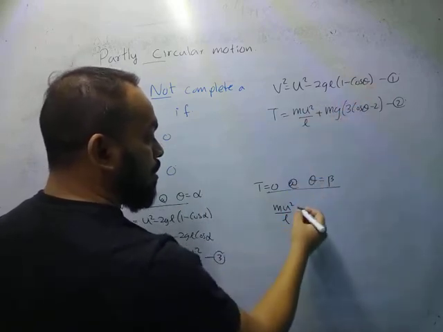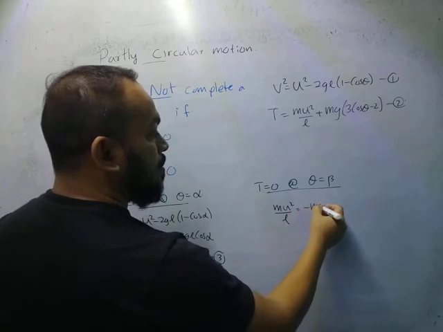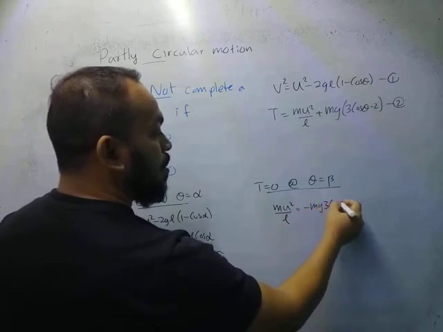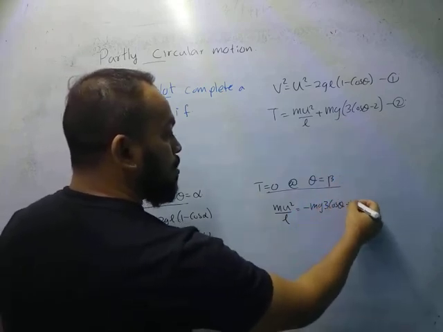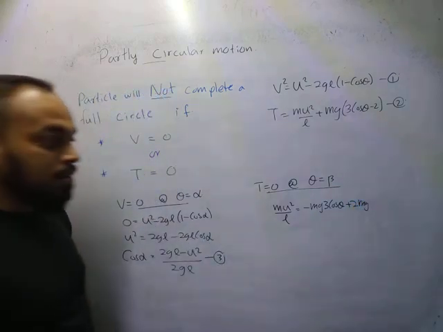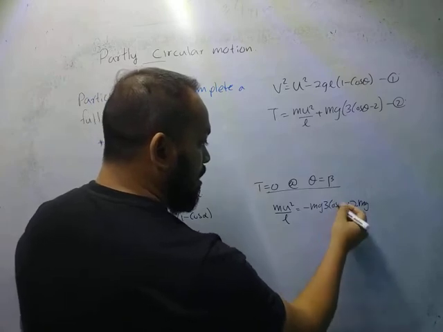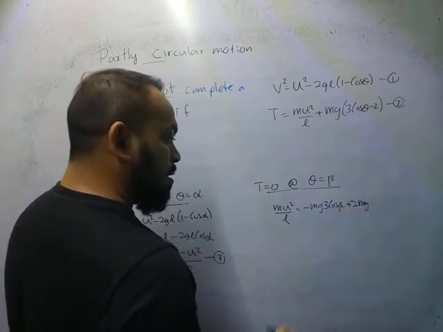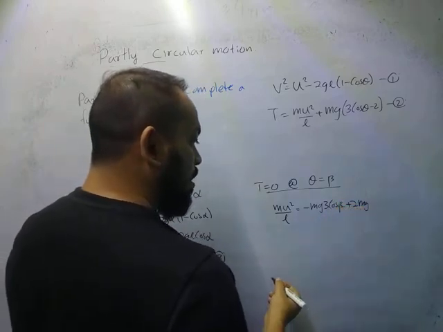So let me take it to the other side, minus mg 3 cos theta plus 2 mg, that is the answer. So this is at beta.